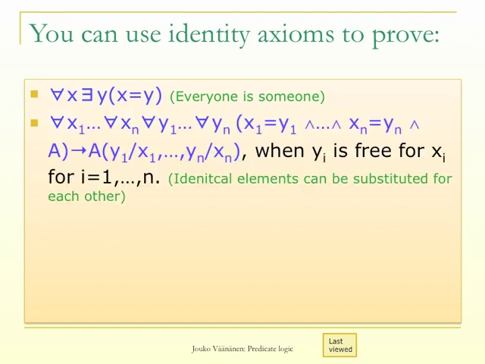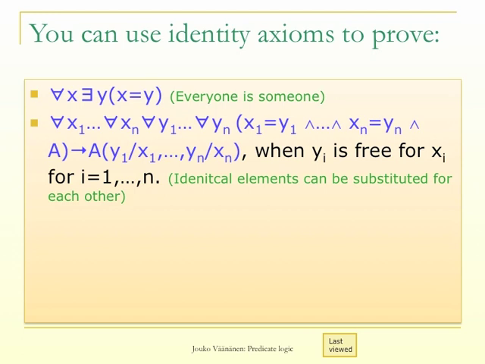The second example, this is a bit more complicated. This is like I4 and I5, but for an arbitrary formula A. So we assume that the variable yi is free for the variable xi in A for all i.